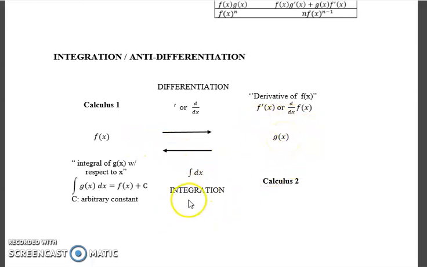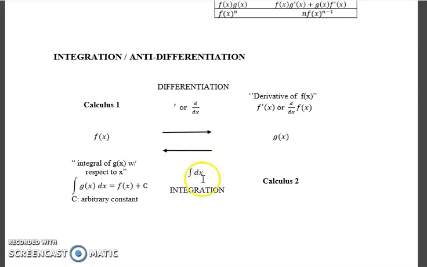And this process is what we call integration. So integration is the process of finding the set of all functions whose derivative is a given function. The operation that is used is this one.